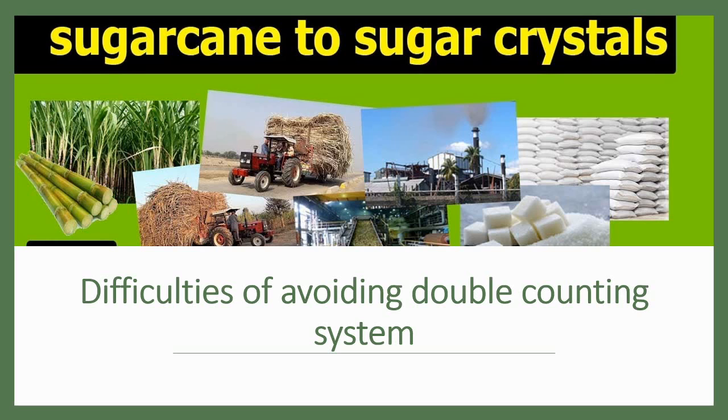For example, if the values of the output of sugar and sugarcane are counted separately, the value of sugarcane utilized in the manufacturing of sugar will have been counted twice, which is not proper. So it is not very easy to maintain a count for only a single time in this vast economy.